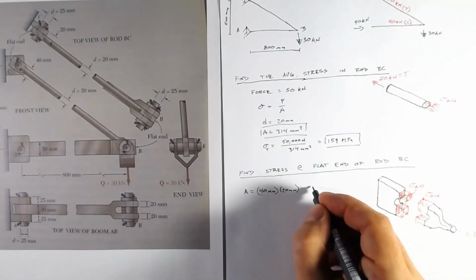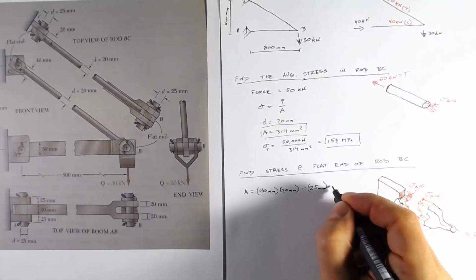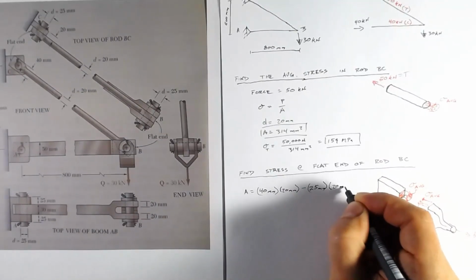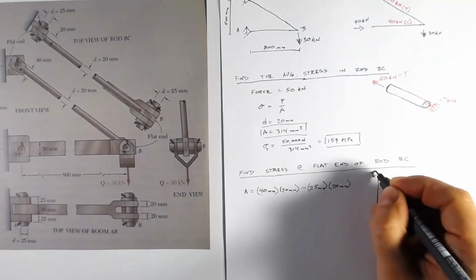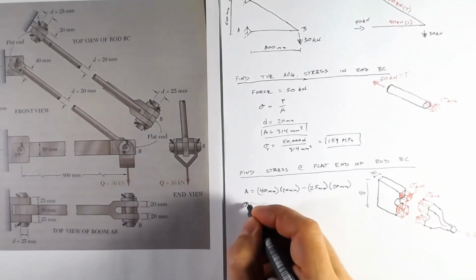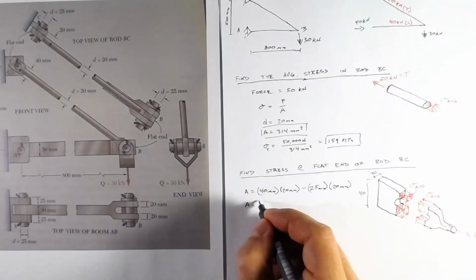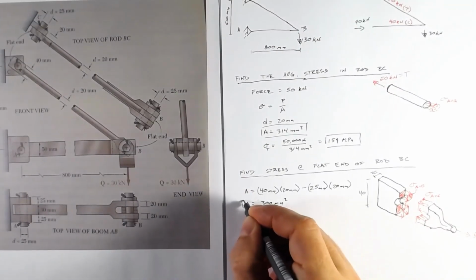So that's minus 25 millimeters times 20 millimeters thick. So that's 20, and that's 40. And if you work that out, your area is 300 millimeters squared.